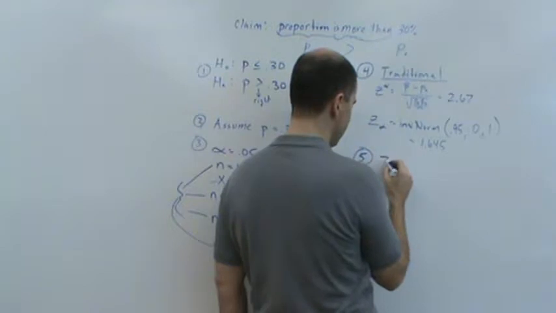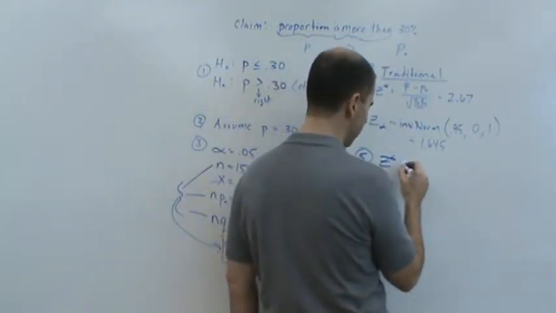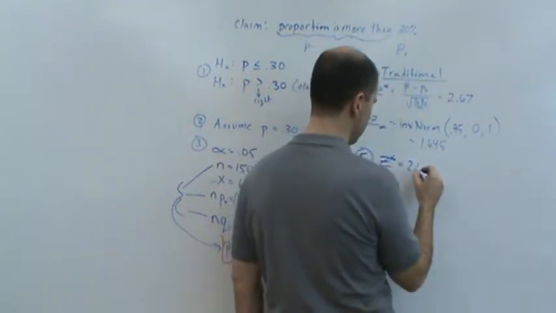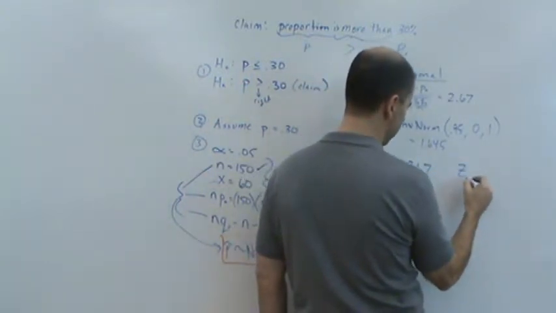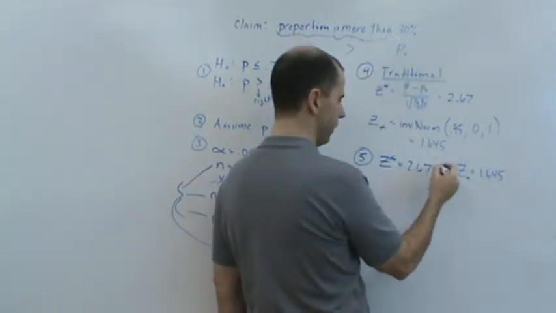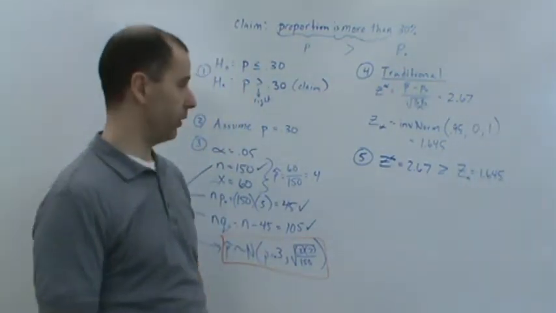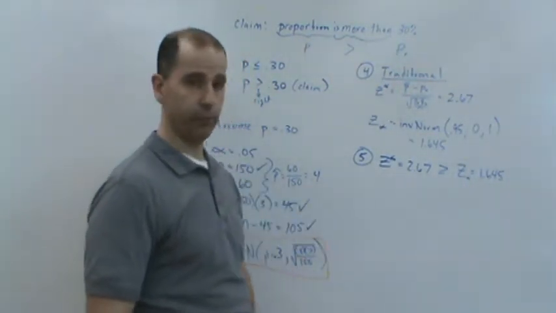So the question is, is z-star bigger than or equal to our z-alpha? Well, z-star equals 2.67, z-alpha is 1.645, and yes, z-star is bigger than or equal to z-alpha.